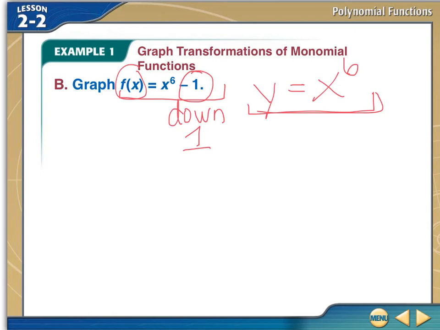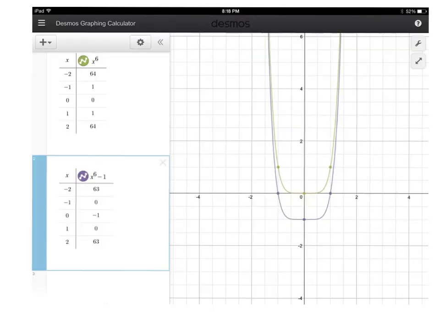So I'm going to go ahead and graph both these functions on the same window, and we can view and confirm that the translation is 1 unit down. We have graphed x to the 6th, which is the parent function, in green, and we've graphed x to the 6 minus 1, which is in purple. This is the function we are given, which is transformed.